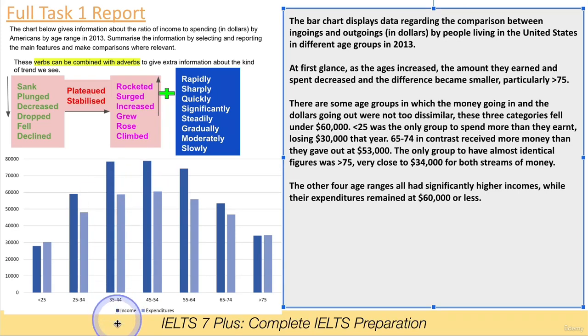Let's talk about 35 to 44 having almost the same income. We could group them together actually. Actually, that might be a bit confusing.